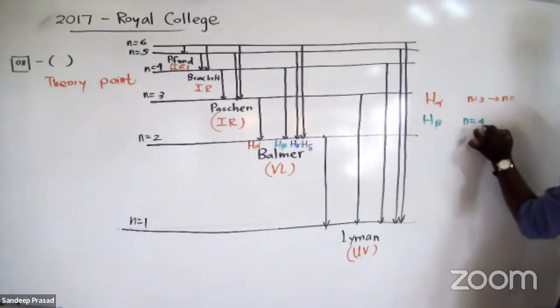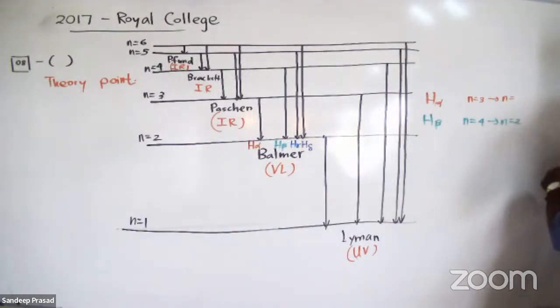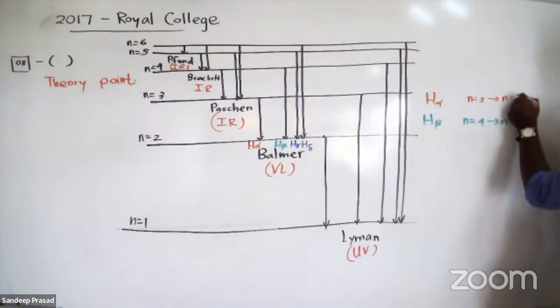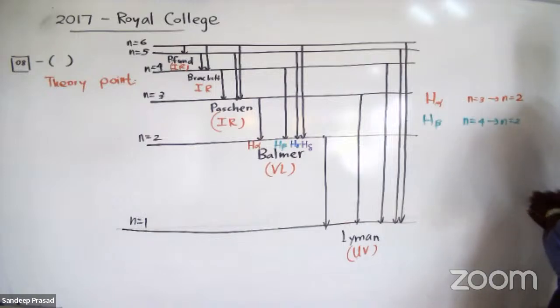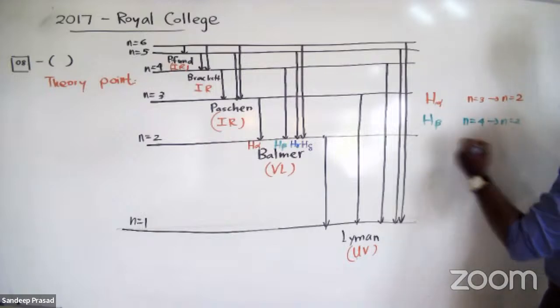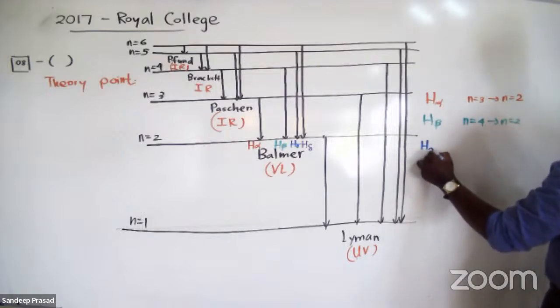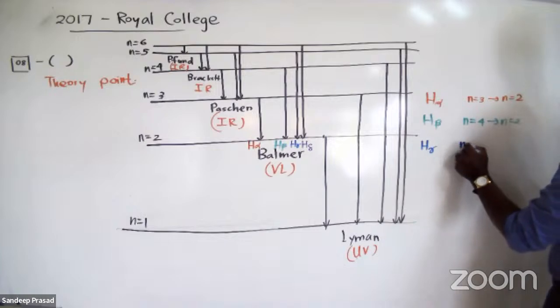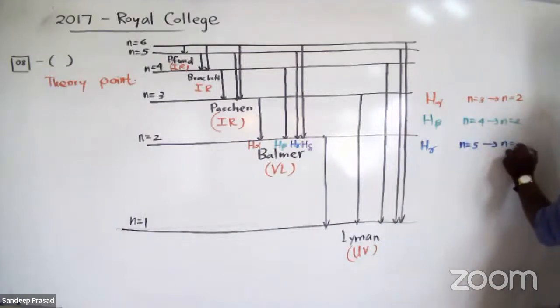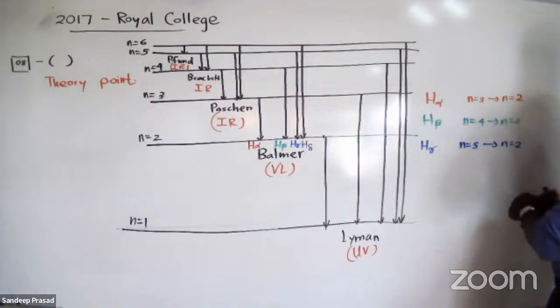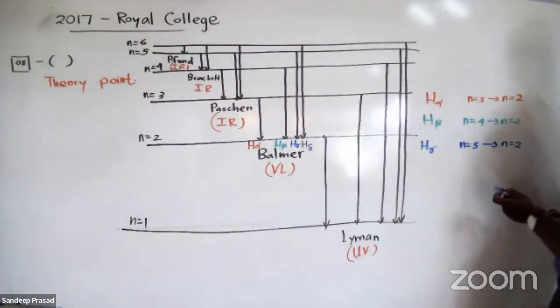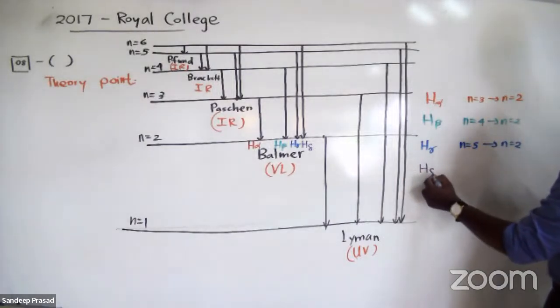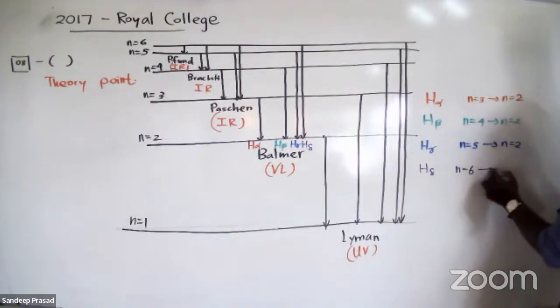So these things are very easy. Next one is H gamma. H gamma corresponds to n equal 5 to n equal 2. Last one is H delta. H delta belongs to n equal 6 to n equal 2.